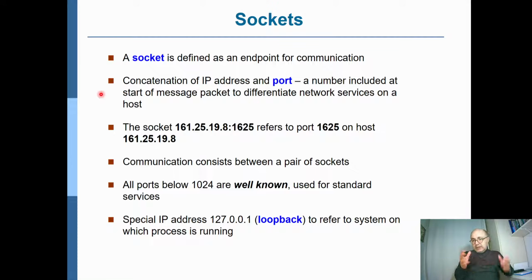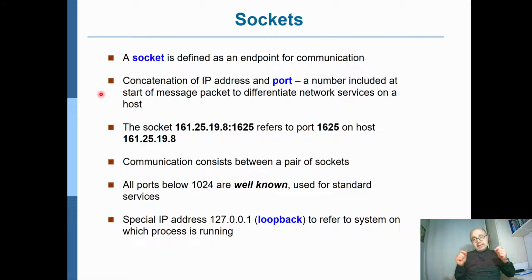But when the packet reaches the destination machine, like the server of Google, to which process should it give that packet? Should it give it to the web server or the FTP server or the SSH server or any other server process? There are so many processes running on the same computer. So who gets this packet?